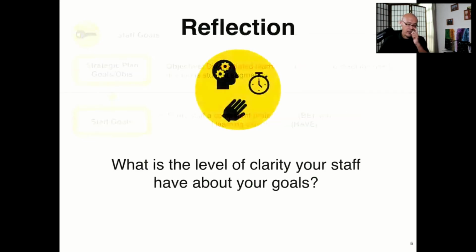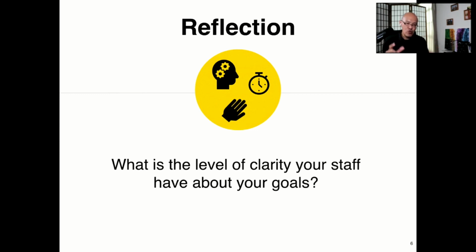What I'd like you to do at this juncture is have a look at your staff goals and see what the level of clarity of your staff goals is. Does it have the be component? Does it have the have component?